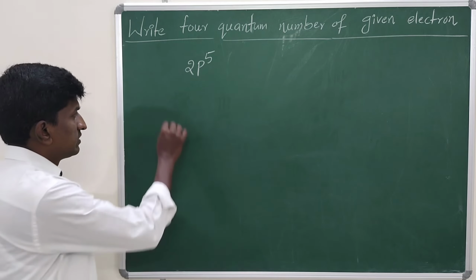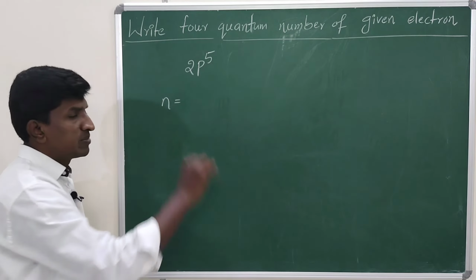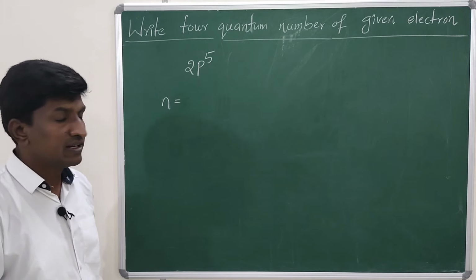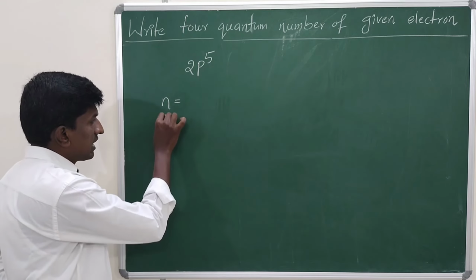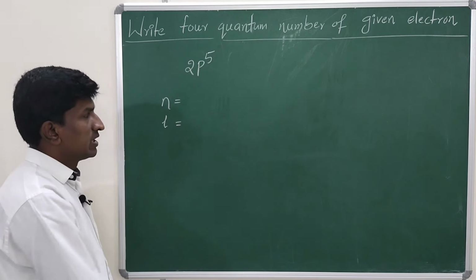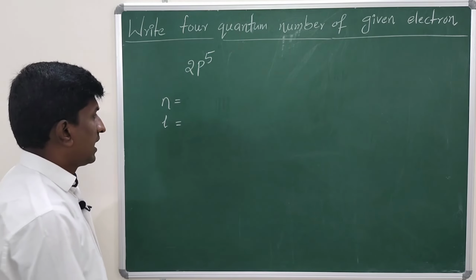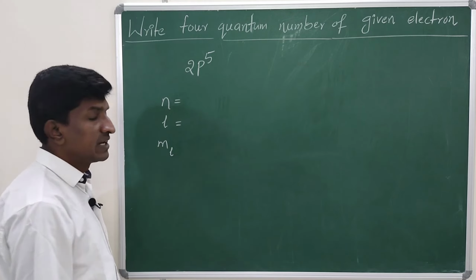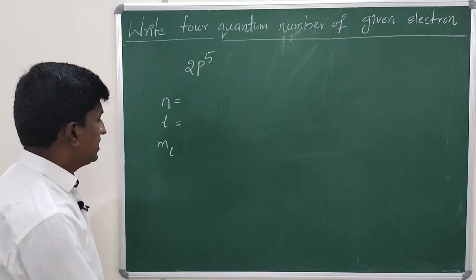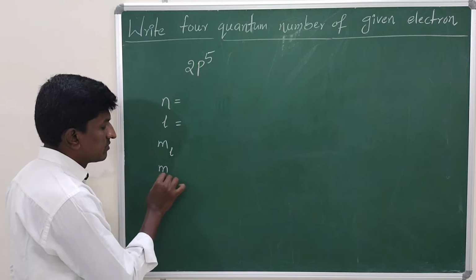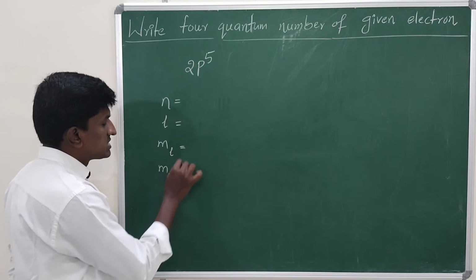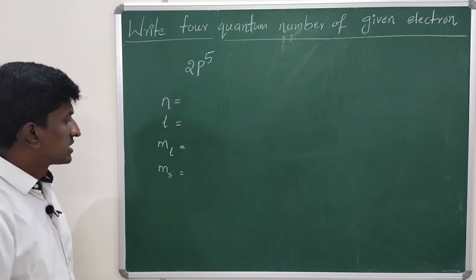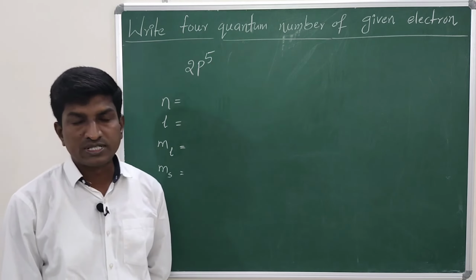Here the first is the principal quantum number, denoted with n, the second is the angular momentum quantum number denoted with L, the magnetic quantum number denoted with Ml, and the spin quantum number denoted with Ms. So let us try to write these quantum numbers.